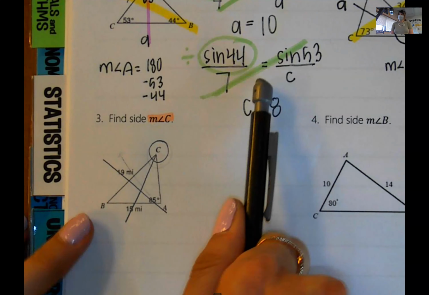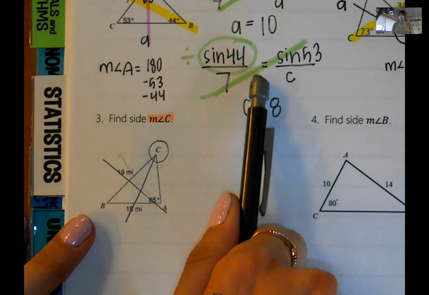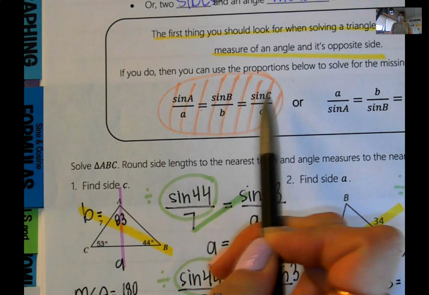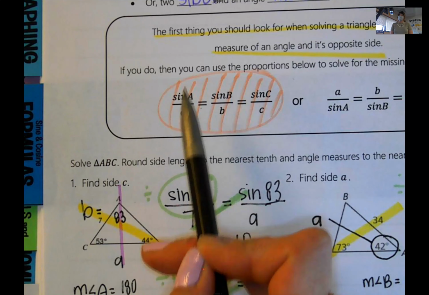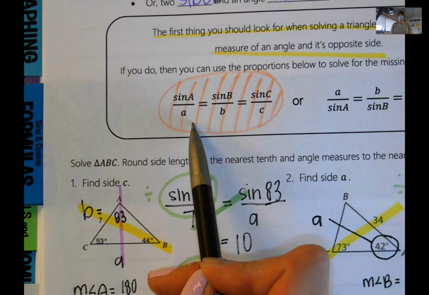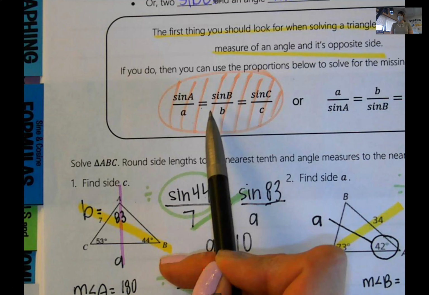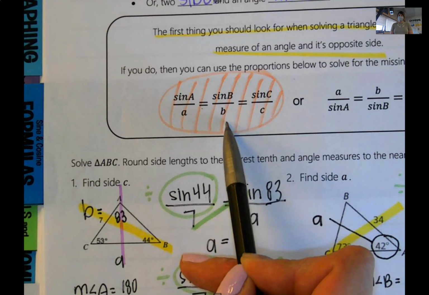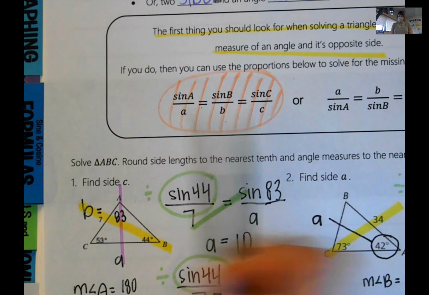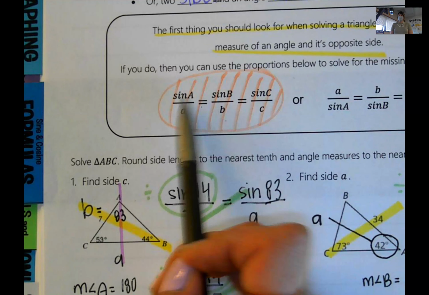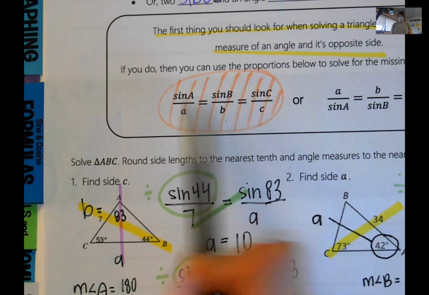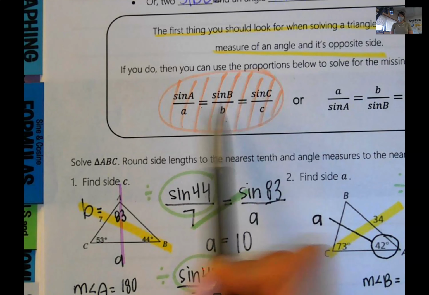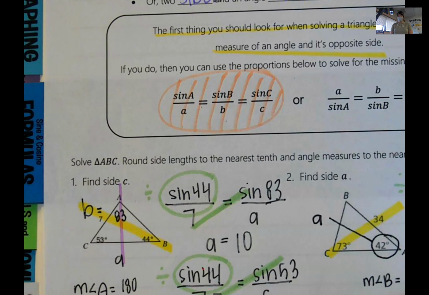I set up my proportion just like last time. And remember, this proportion comes from this relationship. You can put an angle and its matching side equal to any other angle and its matching side. We don't ever do 3 at a time, we just do 2. This is telling you you can do whatever 2 you want. They're all equal.